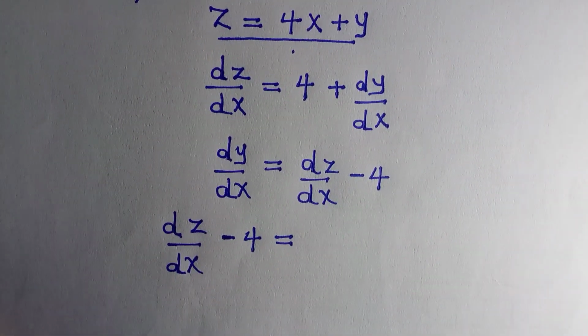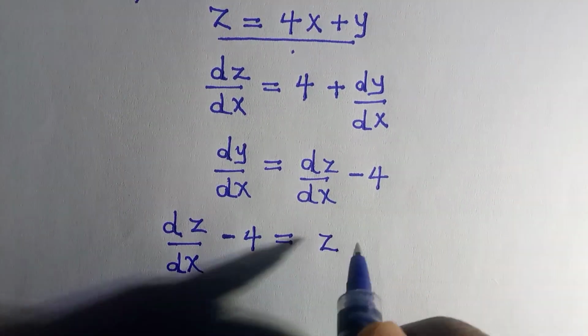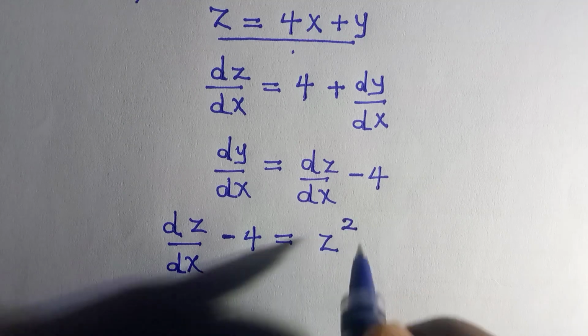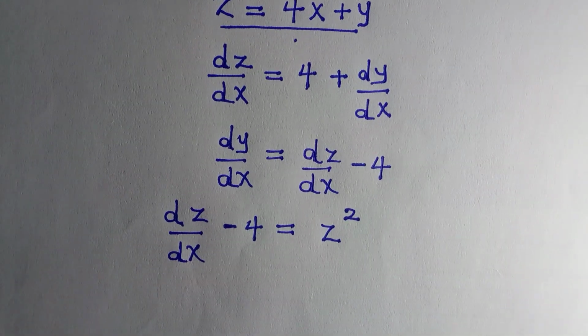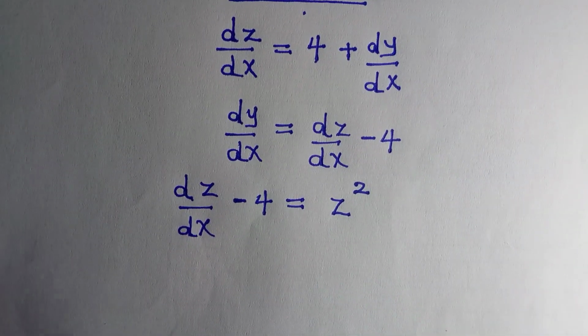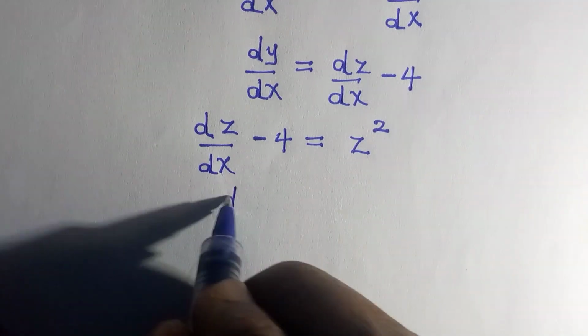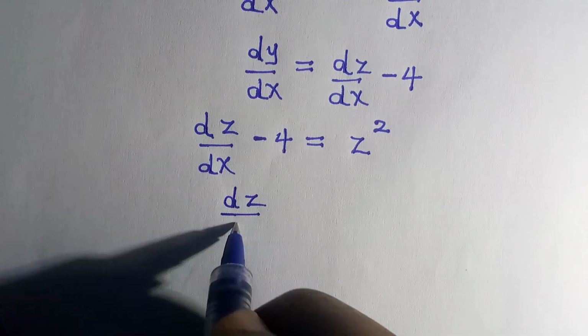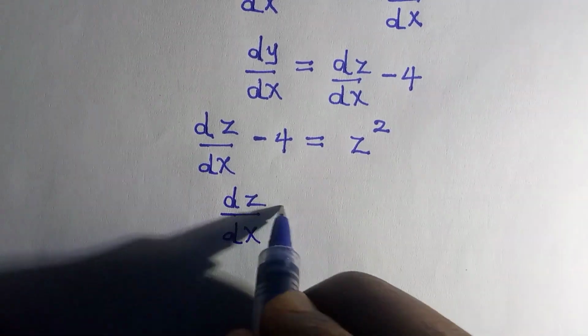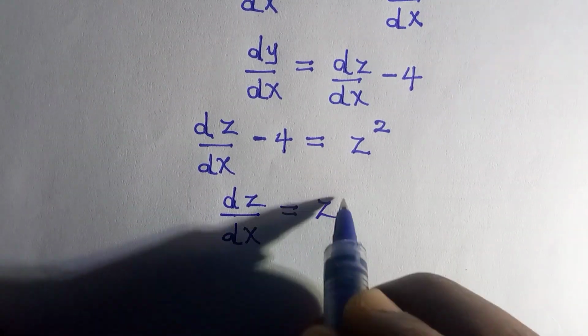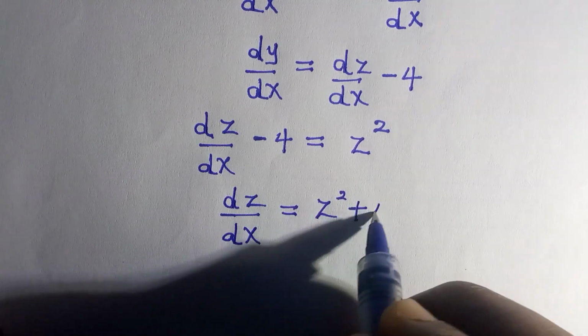We replace it with z, but everything goes to the power of 2. All right, this equation is making sense. The next thing is to transfer 4 to the other side, just to have dz/dx only, and we have z squared plus 4.